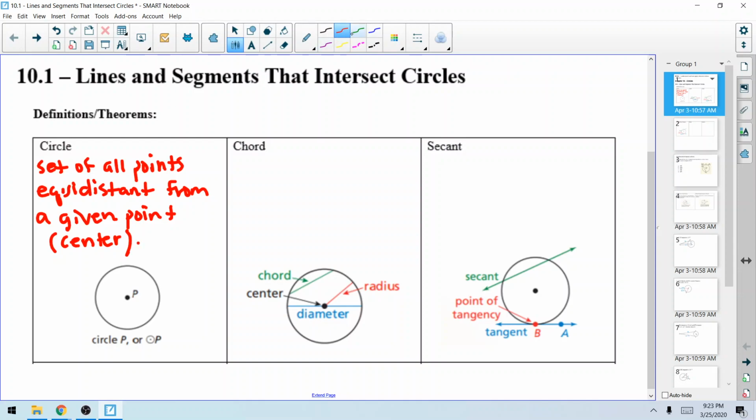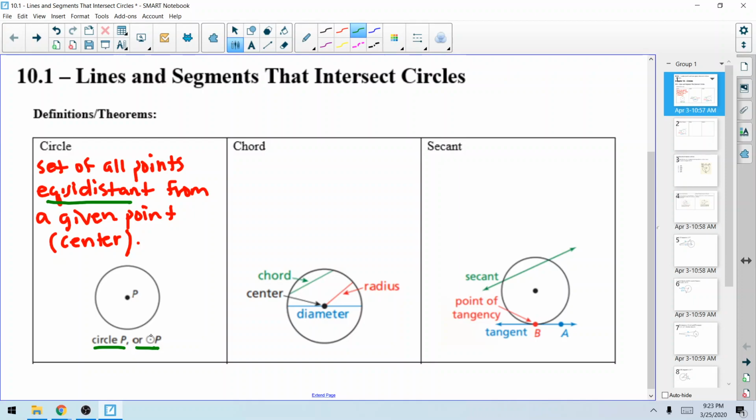Okay, now remember, equidistant is exactly what it sounds like. It just means equal distance. So if you're taking a look at the picture of the circle here, we name a circle by its center. So this is circle P, which you can write the word circle and then put P, or you can use that little notation with a circle and a dot in the middle, which is circle P, and then you have everything that's the same distance from that, which makes a circle.